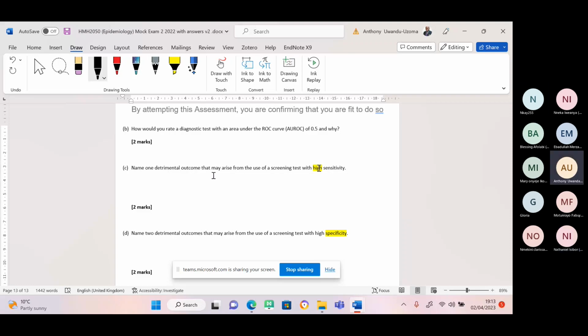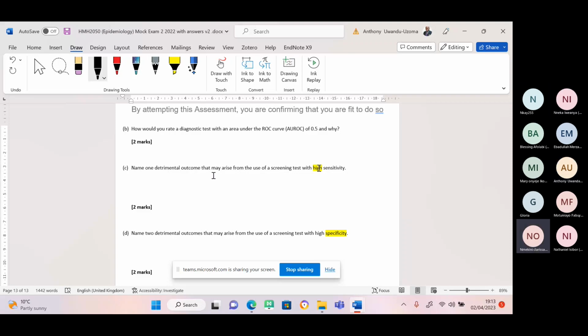But what of those that don't have the disease? When the test is highly sensitive, what could happen? What is bad? When a test has high sensitivity but a low specificity, what will happen?